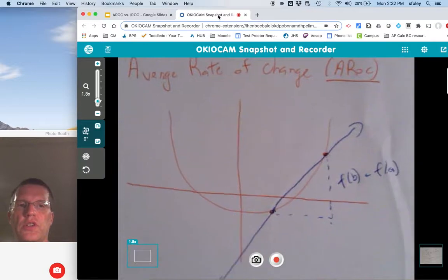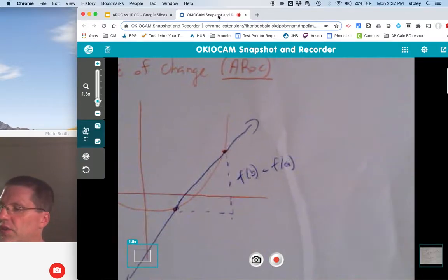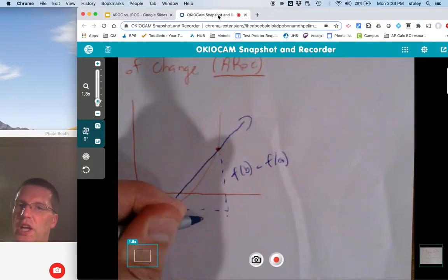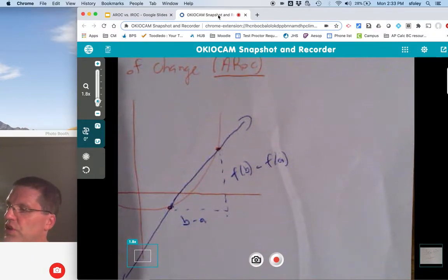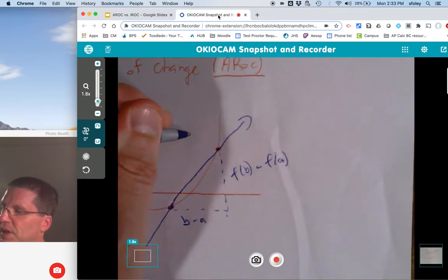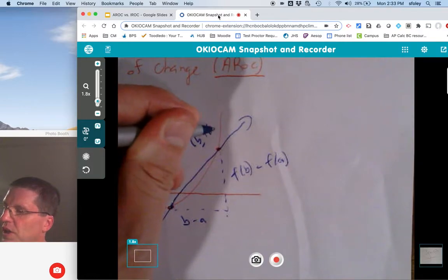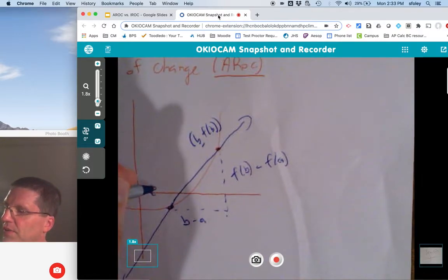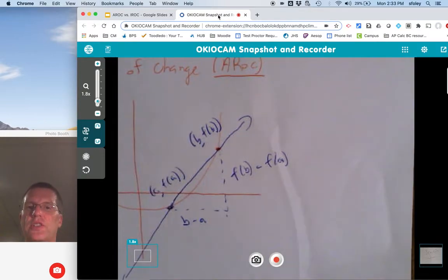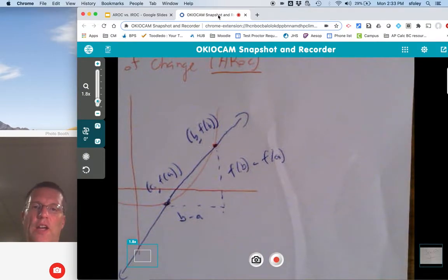And then the change in x is just b minus a. And so this is the point b comma f of b. So f of b is the y coordinate. This is the point a comma f of a. And then we just did the change in y over the change in x, as we had back on this slide.